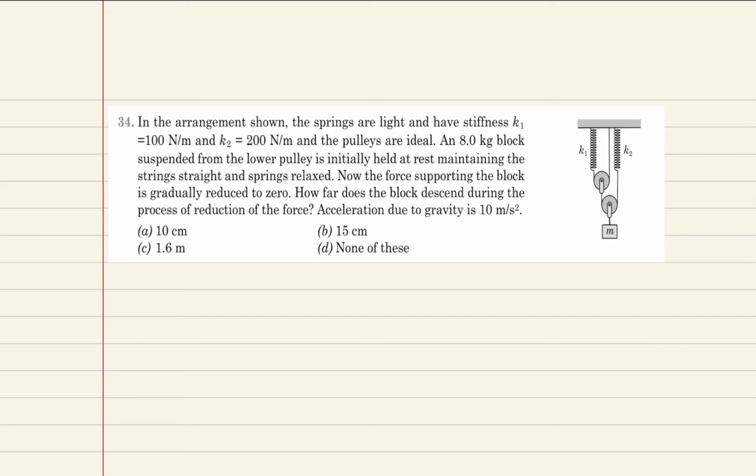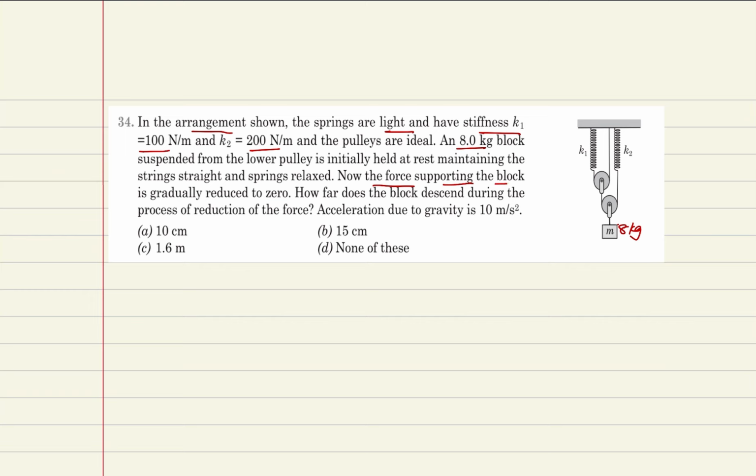As per the given question, in the arrangement shown, the springs are light and have stiffness K1 is 100 Newton per meter and K2 is 200 Newton per meter, and the pulleys are ideal. An 8 kg block is suspended from the lower pulley, initially held at rest, maintaining the strings straight and springs relaxed.